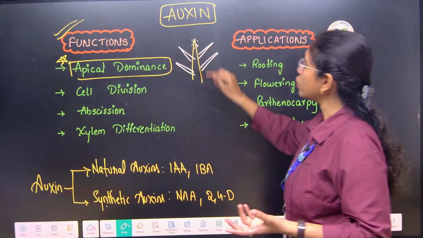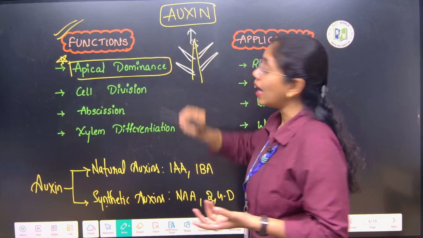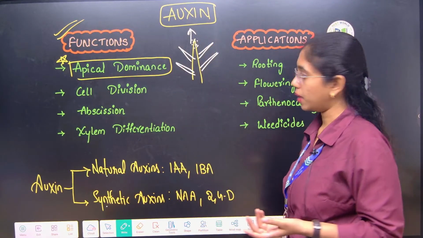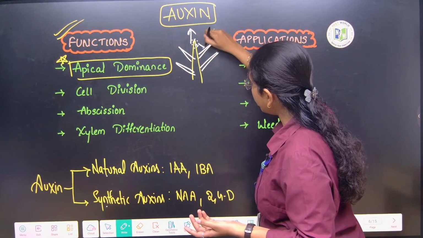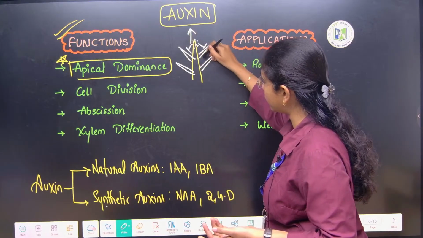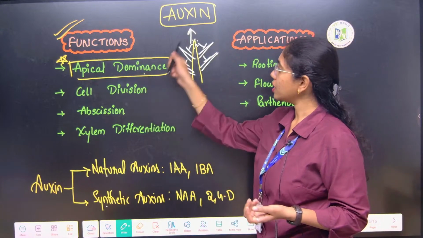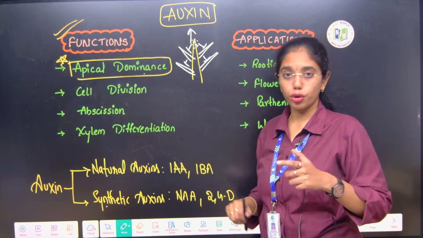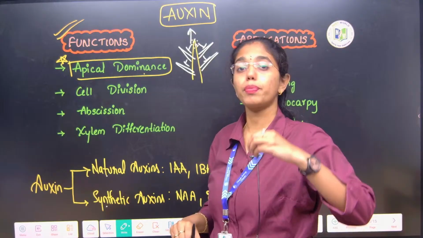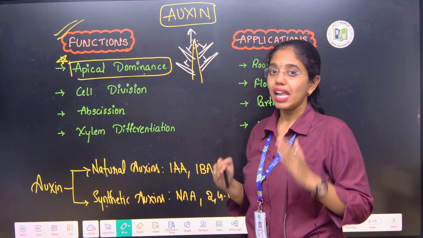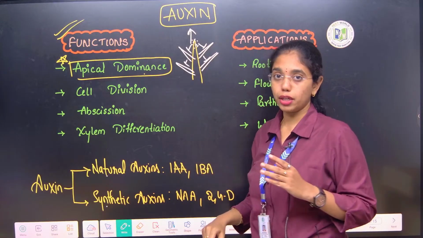Thereby, auxins will promote the growth of the apical buds and they will inhibit the growth of lateral buds. This phenomenon is known as apical dominance.